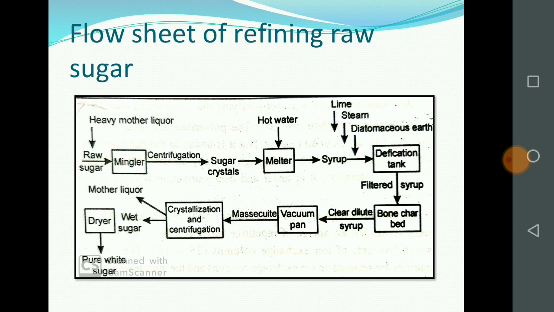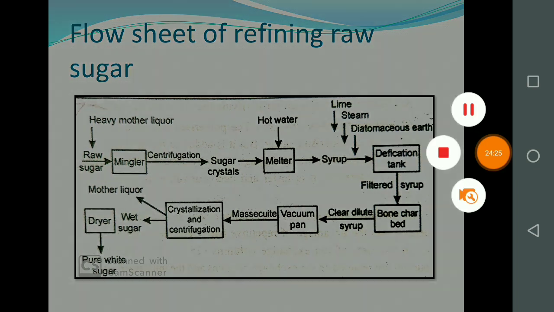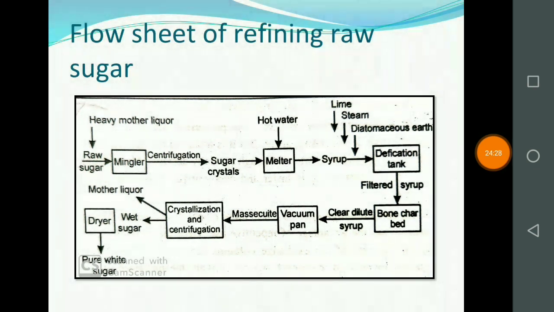When the liquid percolates through the charcoal, the colored and some soluble impurities are selectively adsorbed on the charcoal and clear colorless pure syrup comes out of the char tanks. The disadvantage of this method is that the adsorption cycle takes a longer time and inorganic salts are not removed.